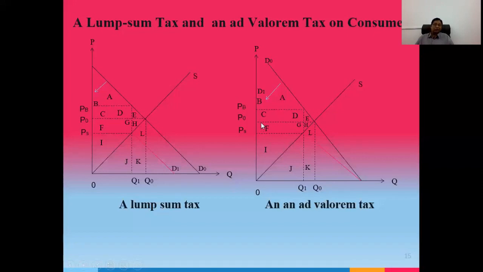Government tax revenue is given by C, D, F, G. Reduction in consumer surplus is given by minus C, minus D, minus E. Reduction in producer surplus is given by minus F, minus G, minus H. When you cancel out positive terms with negative terms, you will get minus E and minus H as social cost or deadweight loss of this policy.